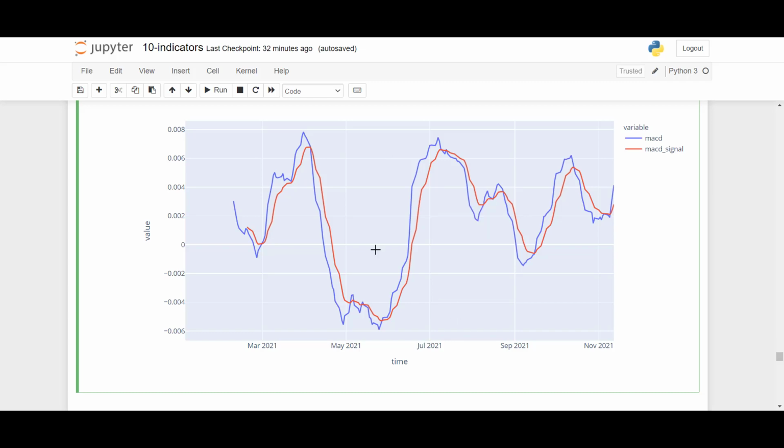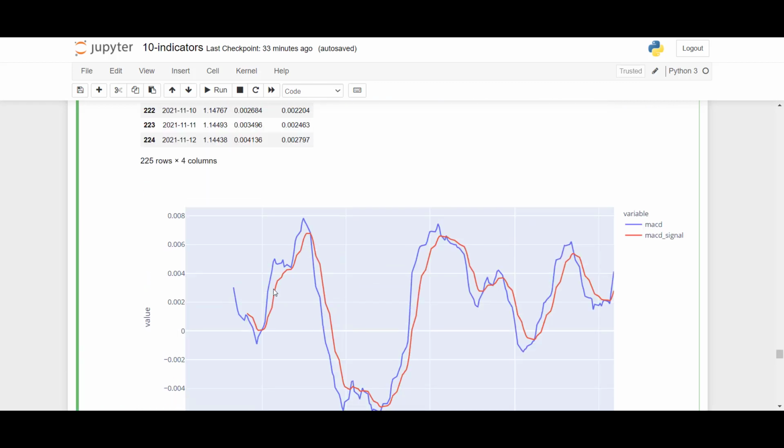So if the signal line crosses the blue line here, it is indicating a shift from uptrend to a downtrend, and vice versa. If it's crossing the blue line here at the bottom, it is then indicating a reversal from a downtrend to an uptrend.